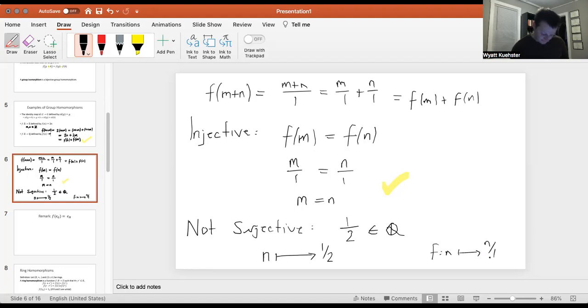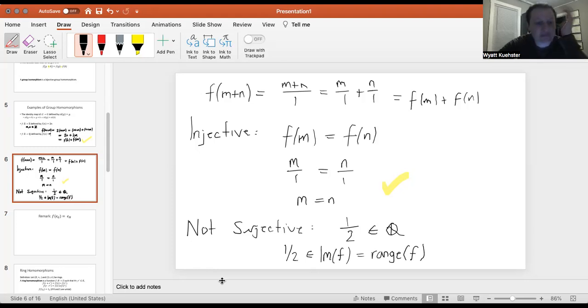So there's nothing that does that. So we'll say that 1/2 is not in the image of f, or the range. Sometimes we call it the range of f. Okay, anyway, that's just an example.